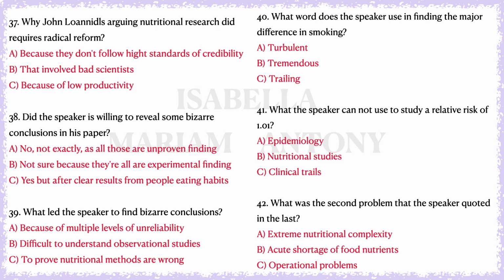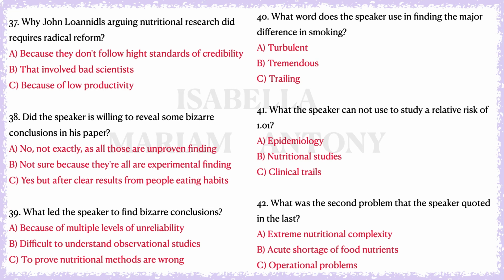Now, we've had you on lots of times before, talking about various things and demolishing a few iconic areas of health and research. You're arguing that nutritional research needs radical reform. On what basis do you say that? Well, there's clearly a factory of papers being produced in nutrition epidemiology in particular that don't meet very high standards of credibility.